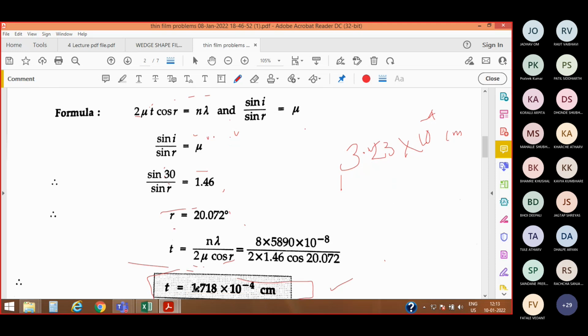So the final answer is this one, 1.718 into 10 raised to power minus 4. हमारा आंसर गलत हो गया क्या? This is wrong answer. चेक करो ये बराबर है.